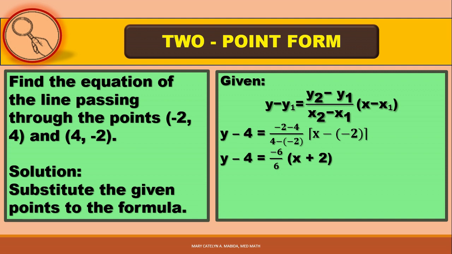Negative times negative is equal to positive, and the distributive property of multiplication. We have y minus 4 is equal to negative 6 over 6 times the quantity of x plus 2. And simplifying that would be y minus 4 is equal to negative x minus 2. Combine the like terms, remembering the rule in operating integers. And so, y is equal to negative x plus 2.